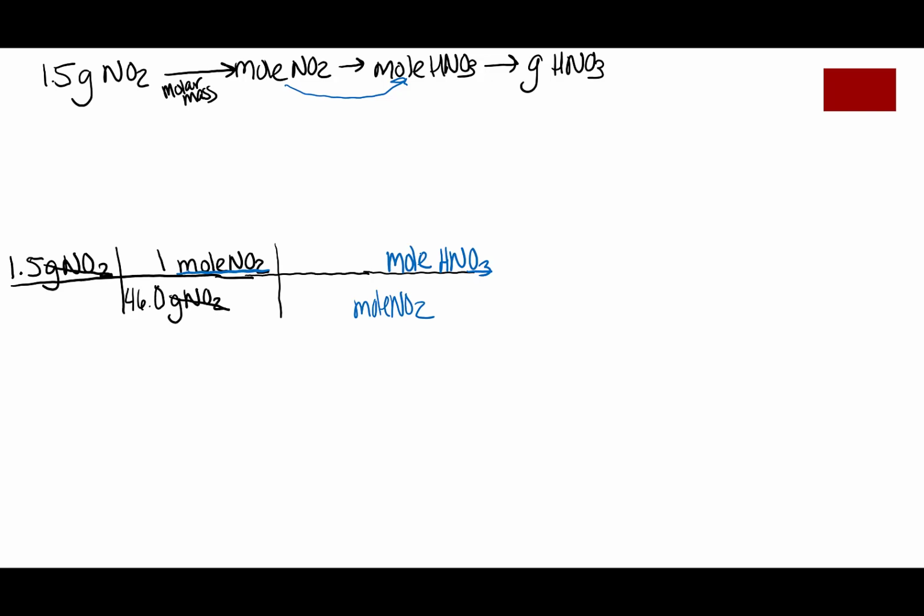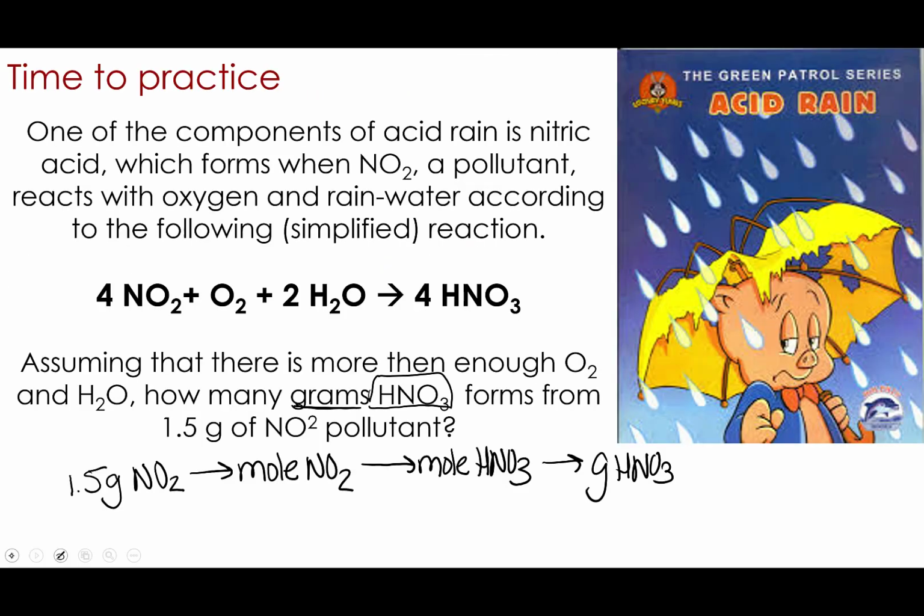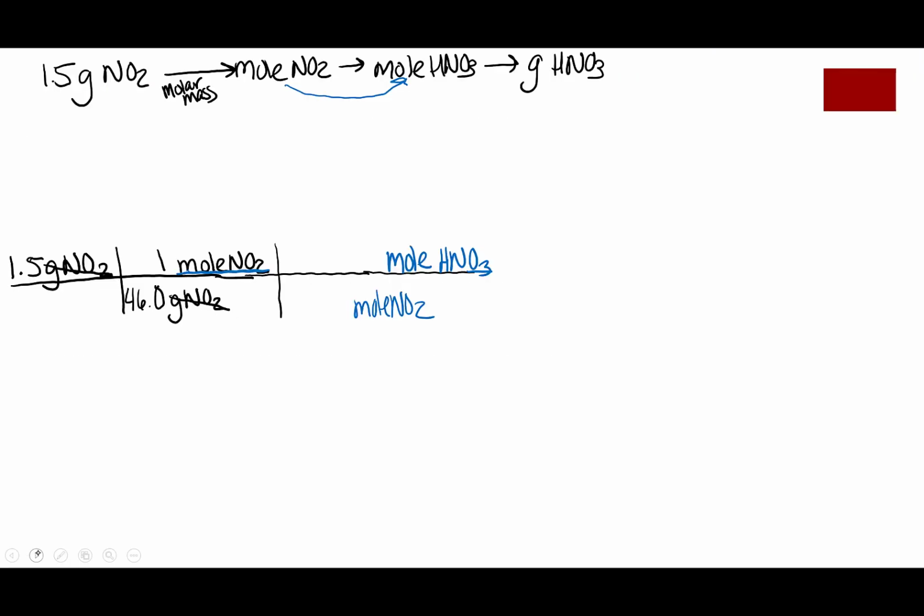And this is our mole to mole ratio, so we have to look at the balanced chemical equation. I see the number 4 is attached to NO2, and I see the number 4 is attached to the HNO3. Those coefficients stick with their molecules. So there's a 4 in front of this one, and a 4 in front of this one.